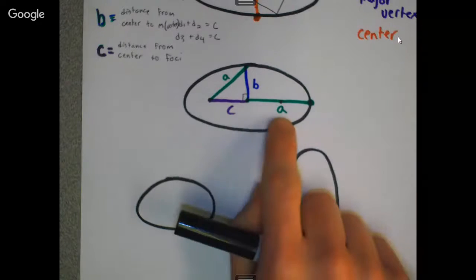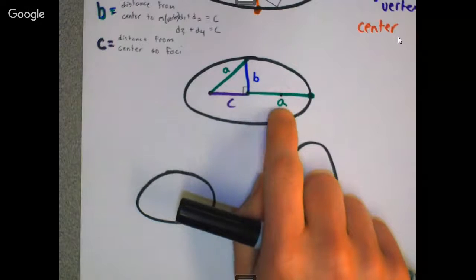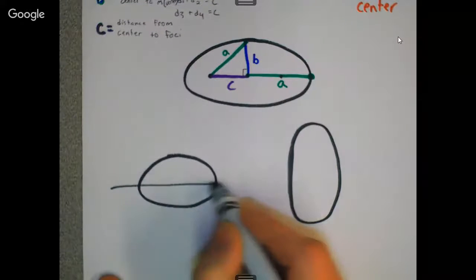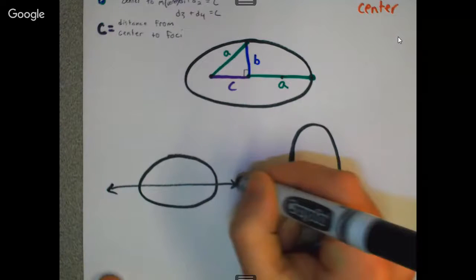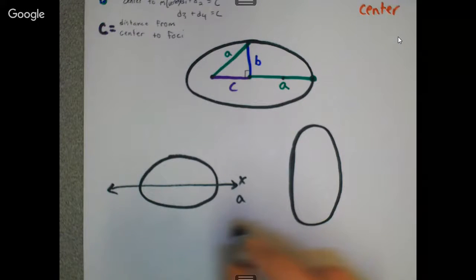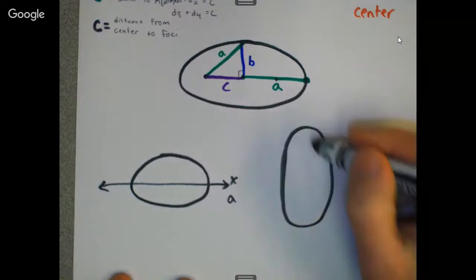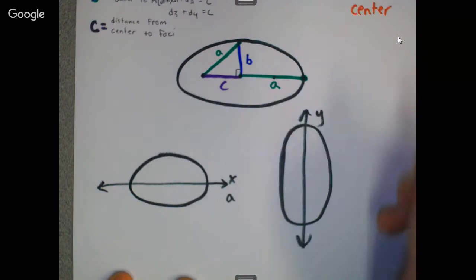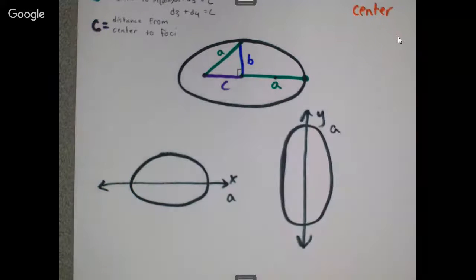Now, the thing is A goes with your major axis. So when we look at the equation here, since that is the x-axis, then A will need to go with your x value. Here, your major axis runs in the y direction, so A, in that case, will need to be with the y.